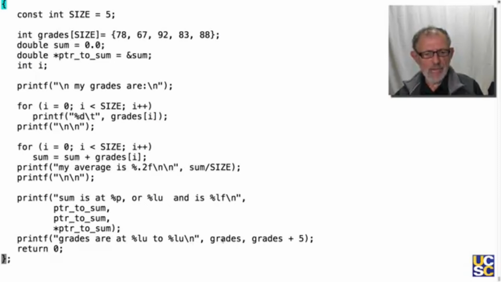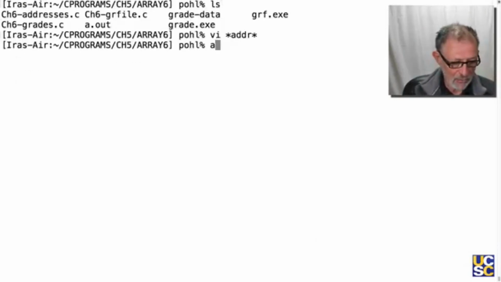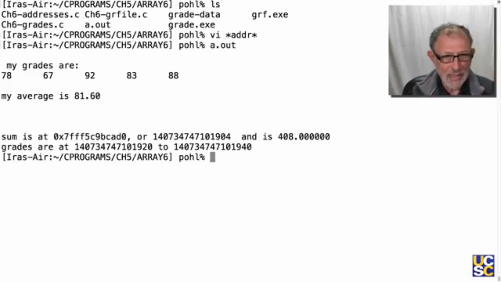This is the base address of grades where it was stored, and this is the address of the fifth element. And we'll find that it's offset by 20 because each element in grades is an integer which is stored in 4 contiguous bytes. Okay, so let's run that program and see that this all works.